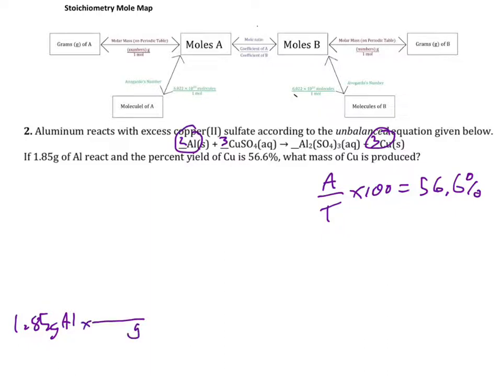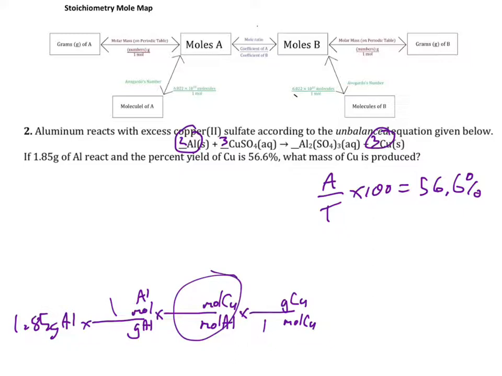And we're going to go from grams of aluminum to moles of aluminum. Then what we're going to do is go from moles of aluminum to moles of copper. And then we're going to go moles of copper to grams of copper. A 1 always goes in front of moles, except for when it's mole to mole, we use the mole to mole conversion here, because we know 2 moles of aluminum will produce 3 moles of copper.